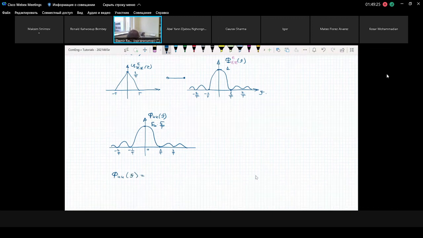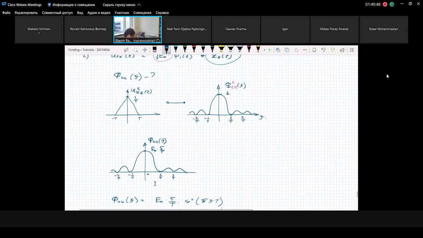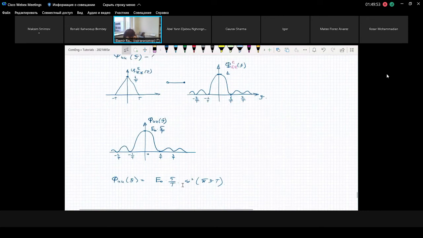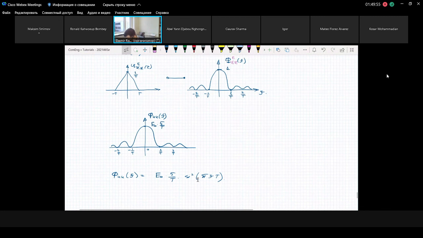Cadence, we can write it as E0 times pi over FLC times psi squared function pi f capital T. Okay, I will check one more time because I think there might be something wrong with the scalar. I will check it, and next time I will let you know. Yeah, are there any questions beside it?